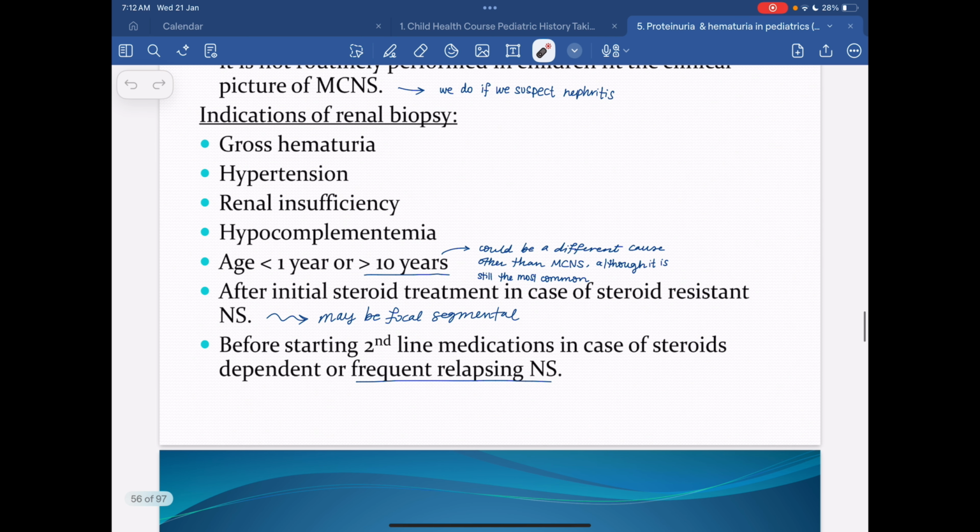If the age is less than 1 or more than 10, because minimal change disease is usually from 1 to 10. If older, there may be another cause. Not necessarily, minimal change disease is still the most common, but it means we have to suspect something else.